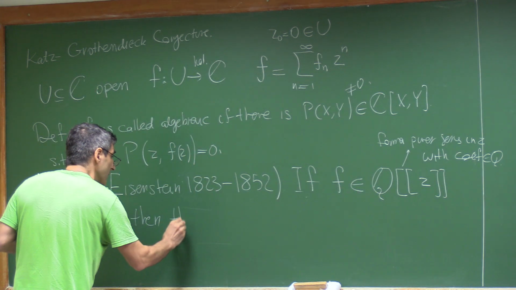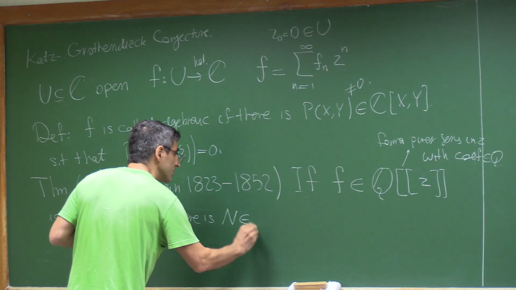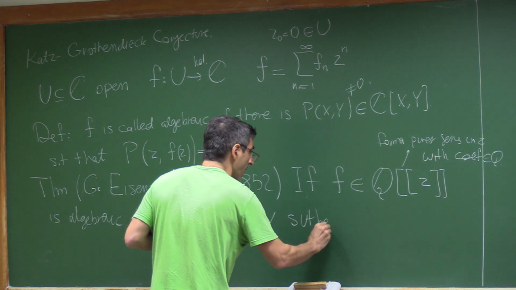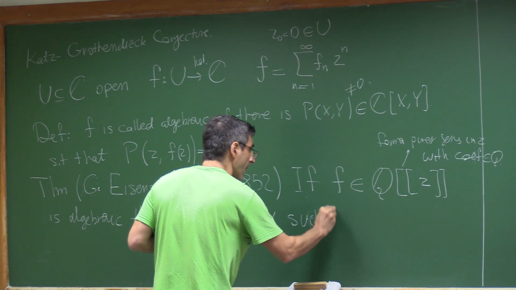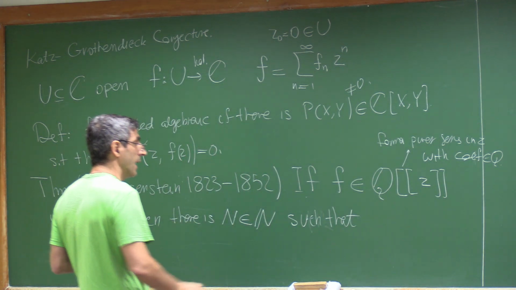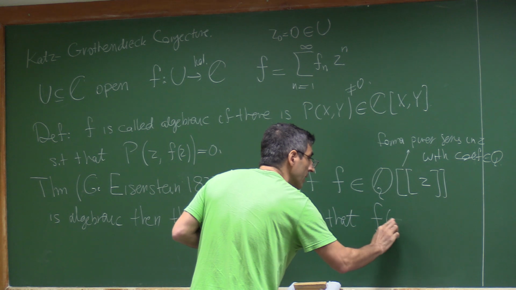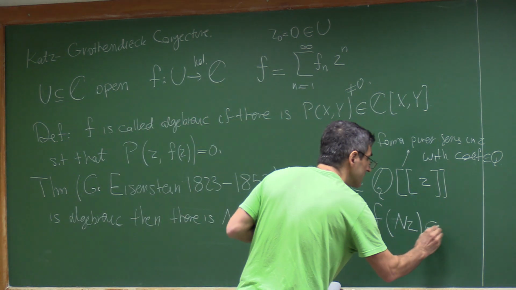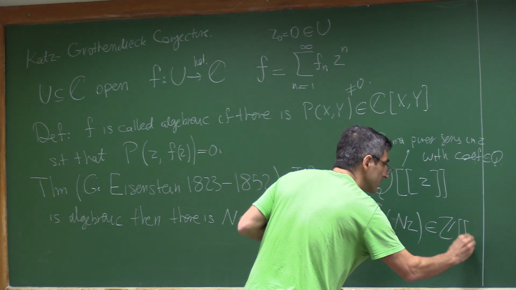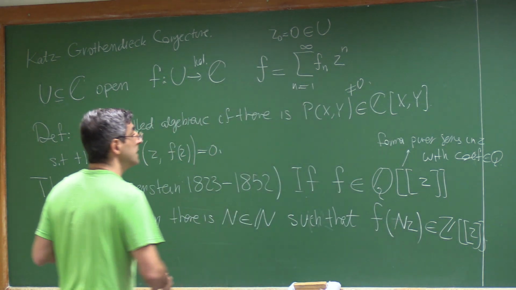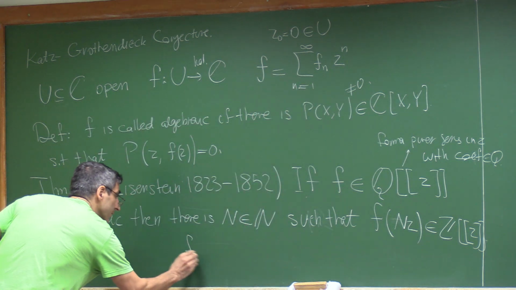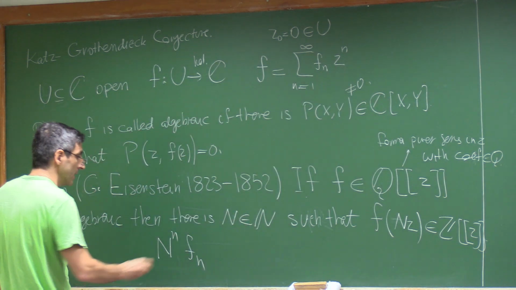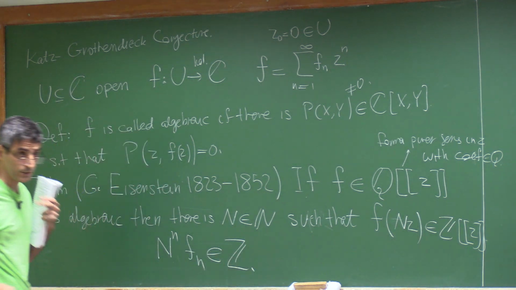Then there is an integer n such that if you multiply the argument by n, then actually this has integer coefficients. So at the end of the day, this f_n, when you multiply by n to the n, will be all integers.